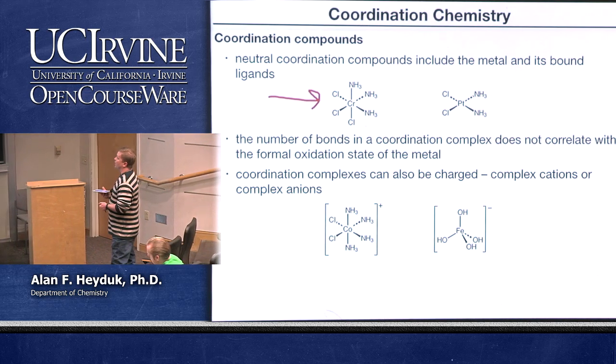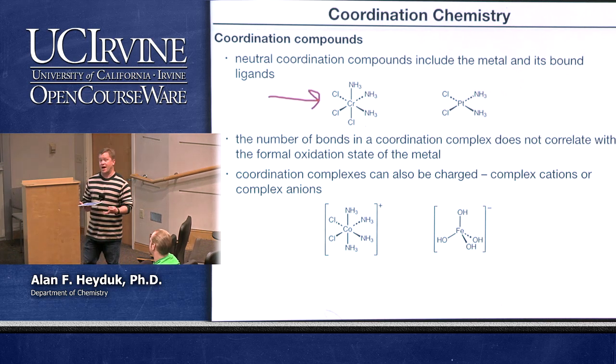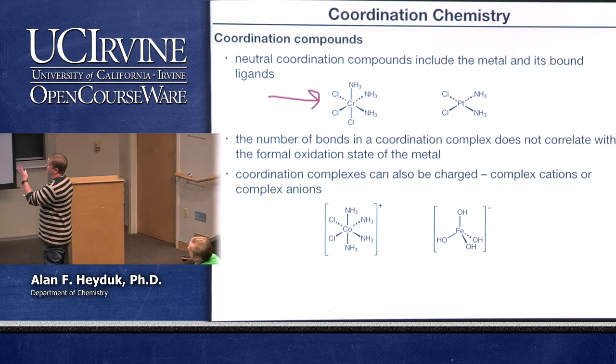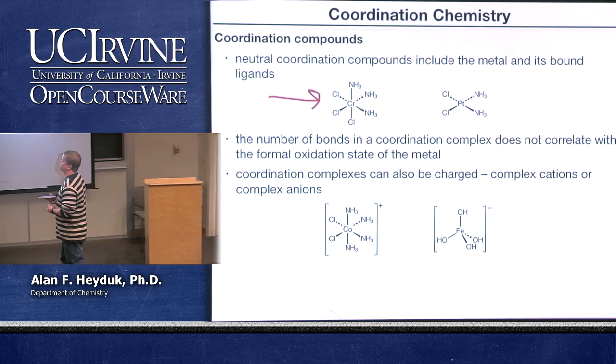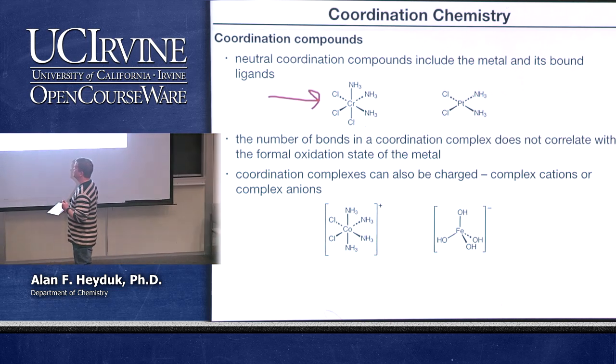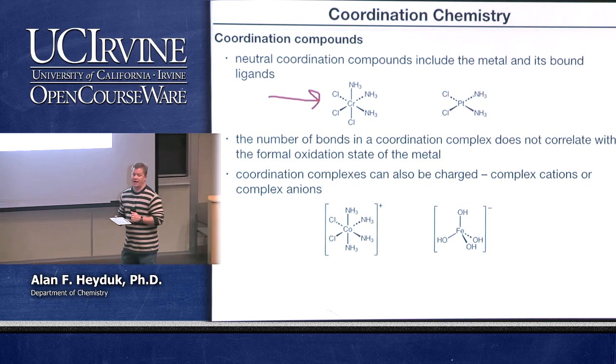Coordination complexes can also be charged. You can have complexes that are cationic, or you can have complexes that are anionic. So here, the example on the left, you can see what we've done is we've taken away one chloride and replaced it with a neutral ammonia. Now the complex is cationic.